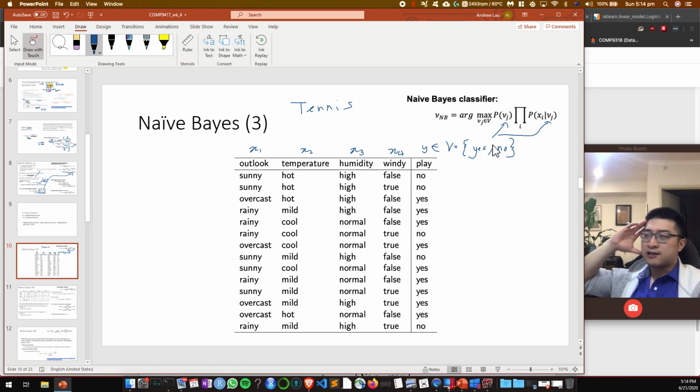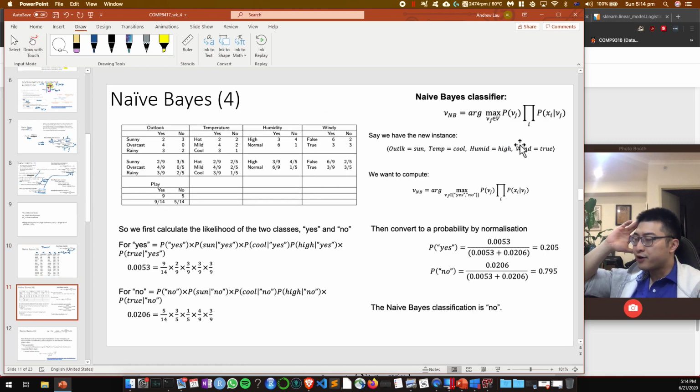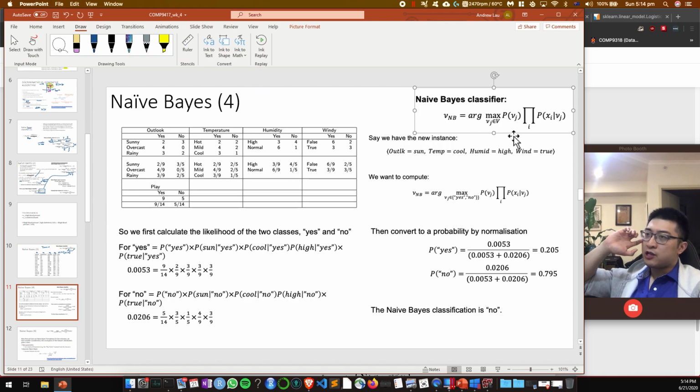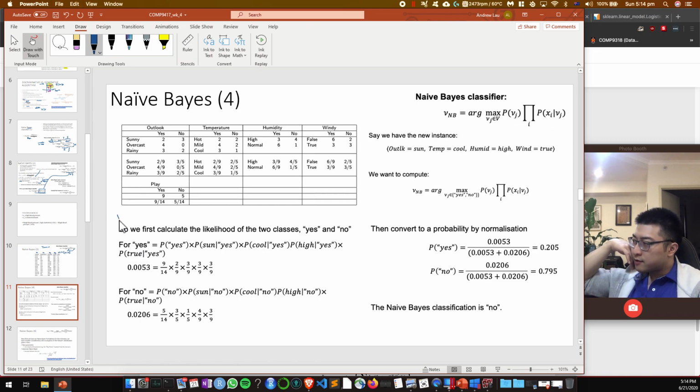I'll go to the next slide because I think it makes it a bit more concrete. But effectively, what you do is you apply this formula, and then you use the empirical frequencies to plug everything in. We start off with yes, so V is equal to yes in this case.